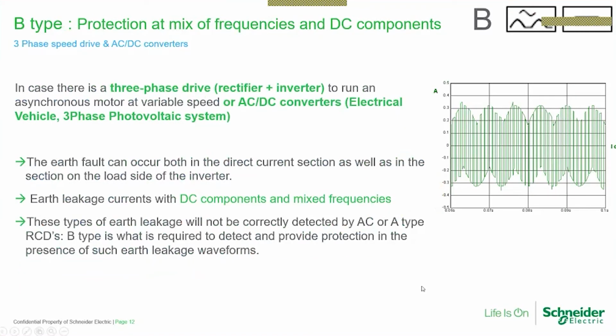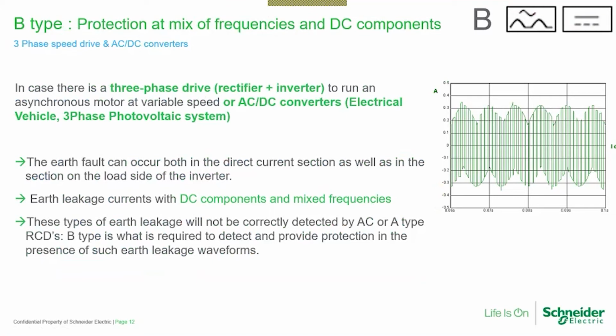Why do we need them? So in the case of a three-phase drive, which has a rectifier and an inverter, to be running a motor, or asynchronous motor at variable speed. We also need them for converters, so where there's any conversion of AC to DC or vice versa taking place. Three-phase photovoltaic systems also.